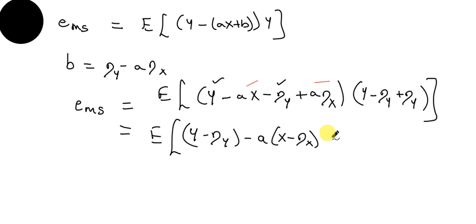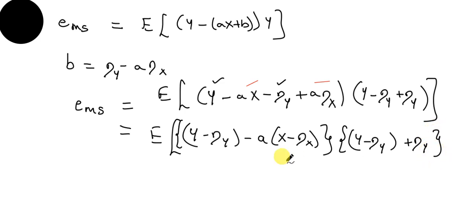This whole thing I will have to multiply with this term again, y minus eta y, plus eta y. So I will take this together and hold my plus eta y over here and now execute this multiplication.